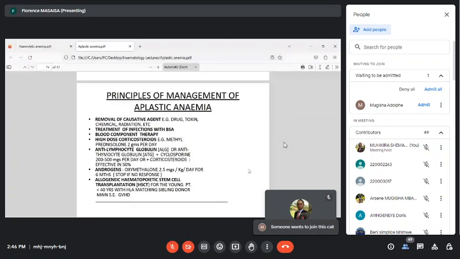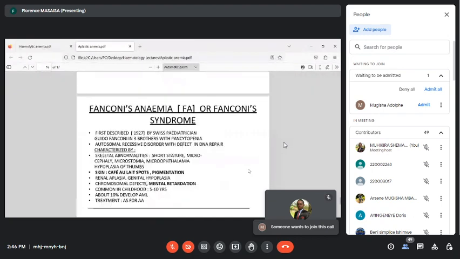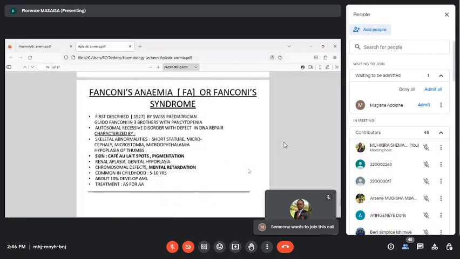So again, it's two things together: financial and donor issues. Then we also consider young age, who can get a donor, who can have a sibling who may match the HLA system. They may more easily get bone marrow transplantation.